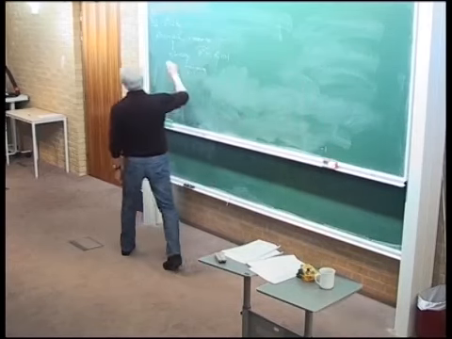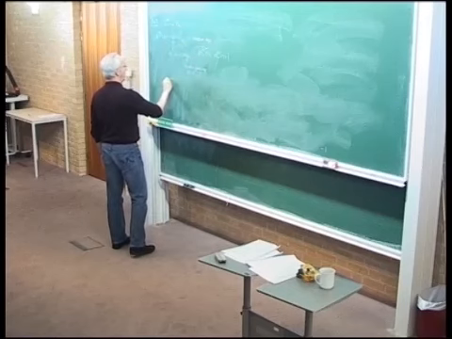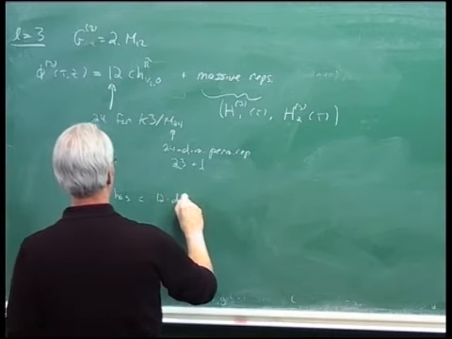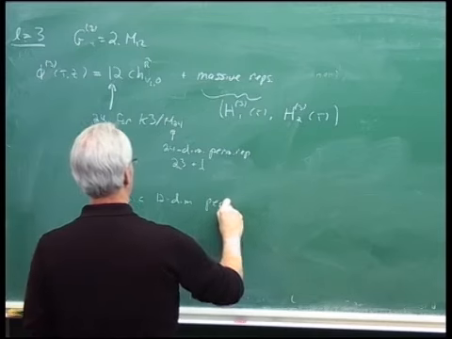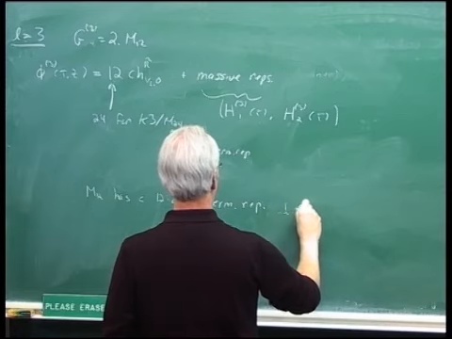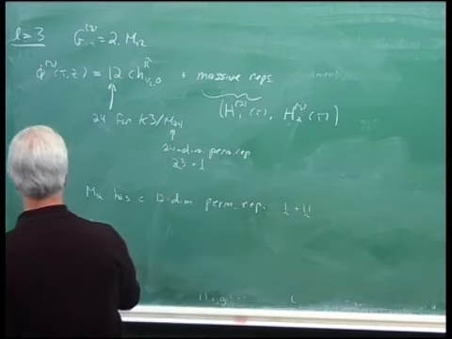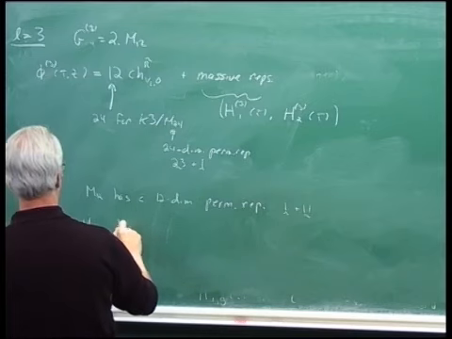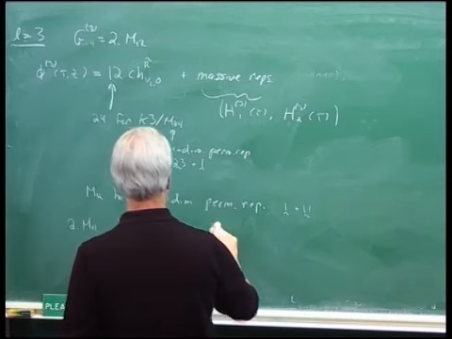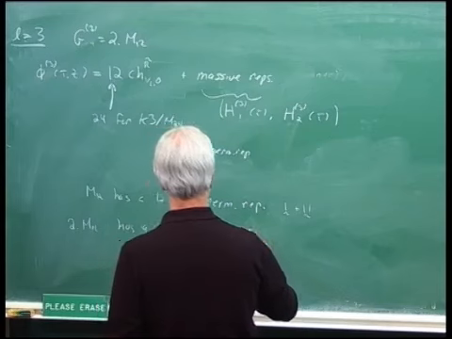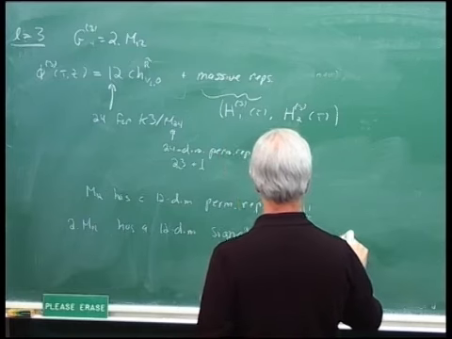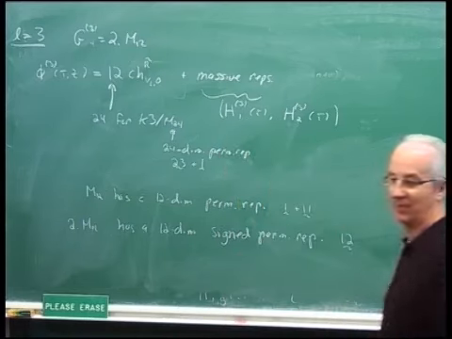So now we have 12, and M12 has a 12-dimensional permutation representation, which is 1 plus 11, but 2.M12 has a 12-dimensional signed permutation representation, which is irreducible by itself.